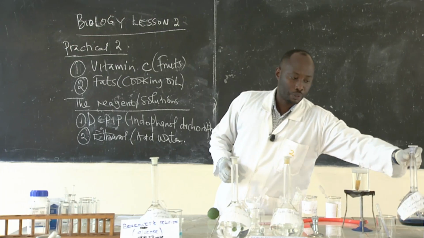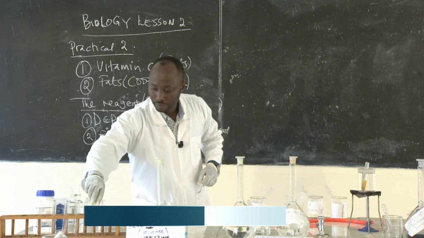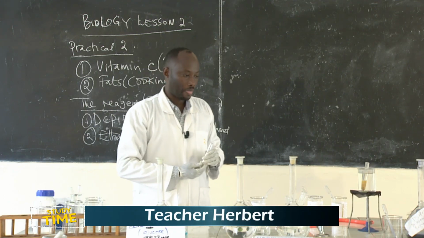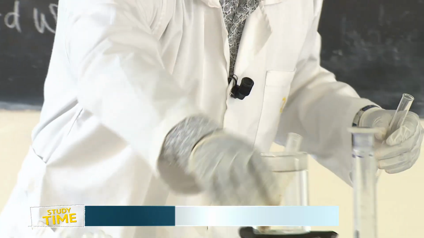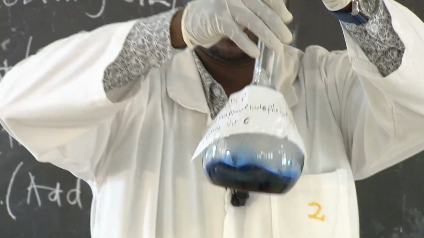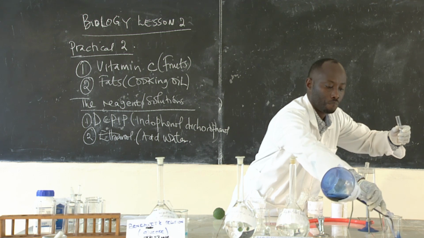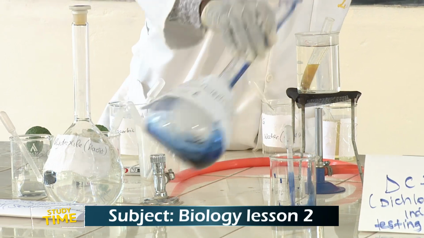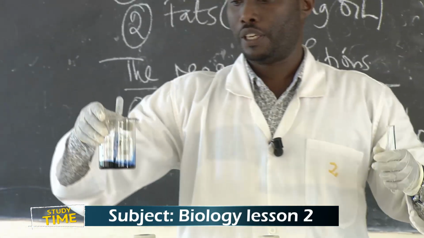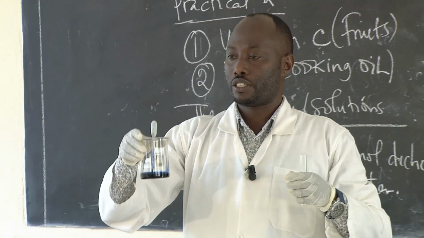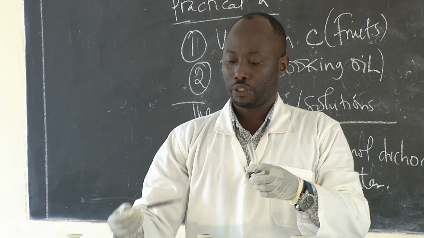Let's start the experiment. I will start by getting the test tube. After getting the test tube, I add this DCPIP. DCPIP is a test for vitamin C. I put it into a test tube.